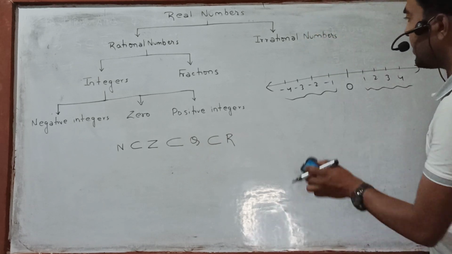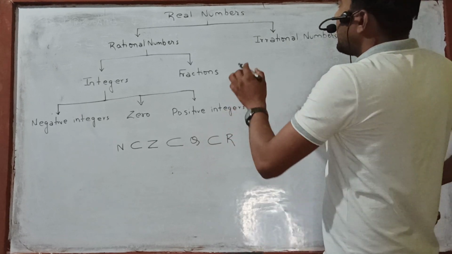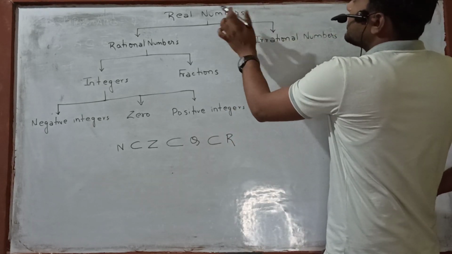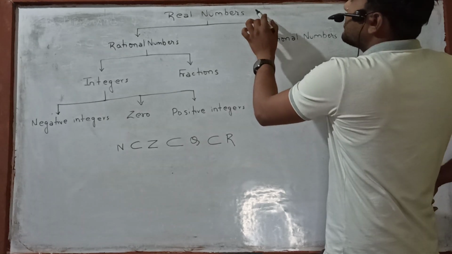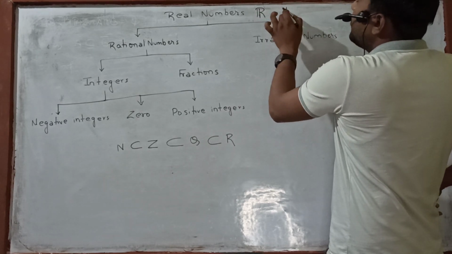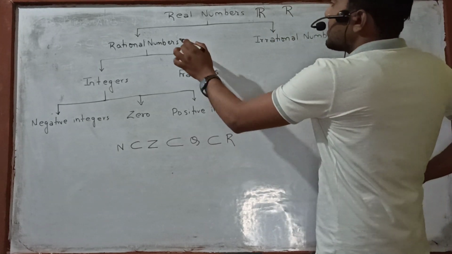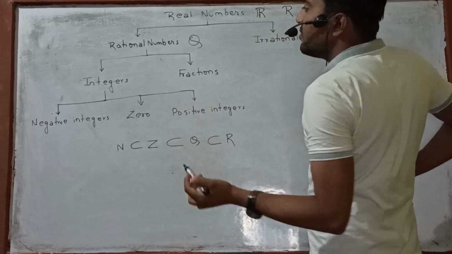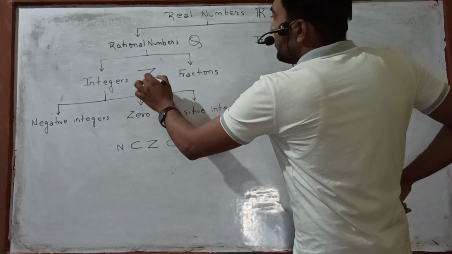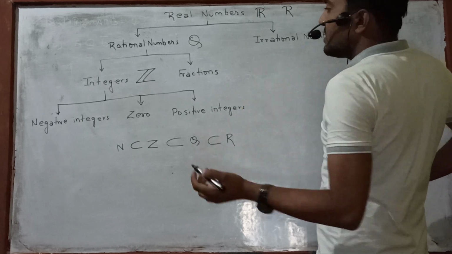Okay, and one more thing, let's go to the notation. The set of real numbers is denoted by this type of symbol R, or simply you can write R as well. Similarly, rational numbers are denoted by Q, and integers are denoted by Z, or simply you can write Z as well.